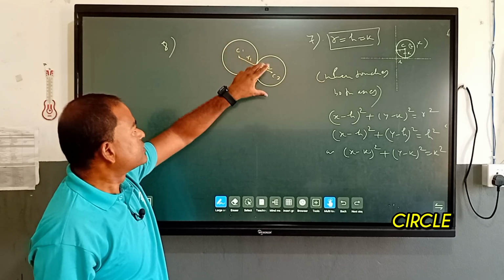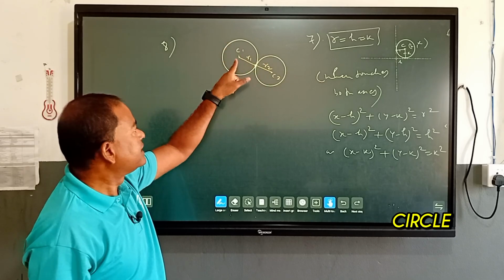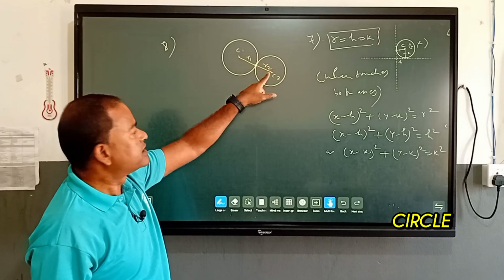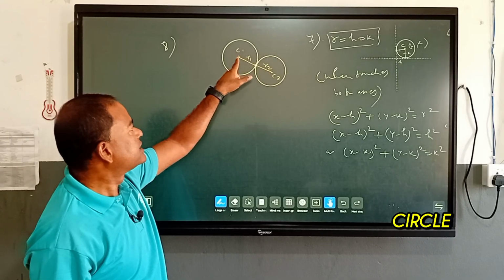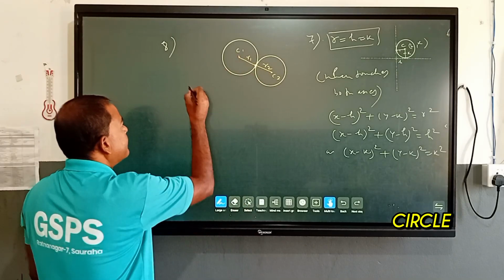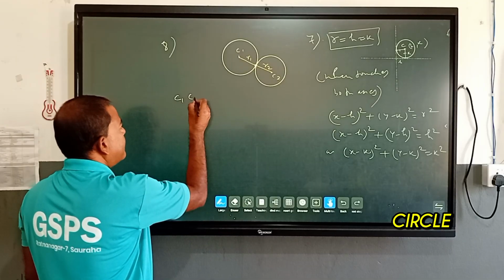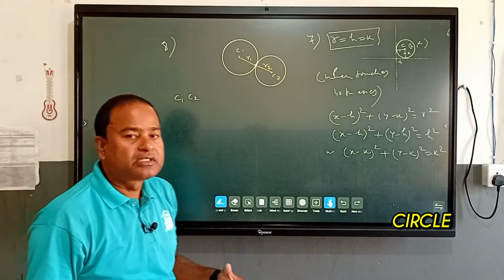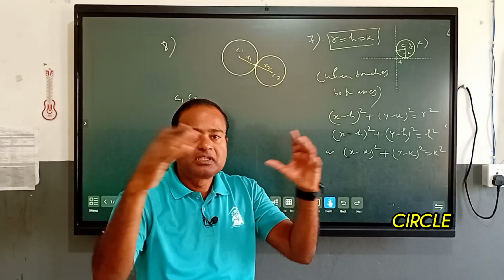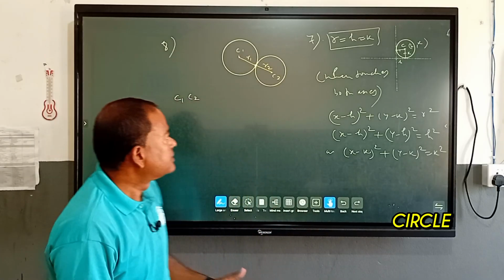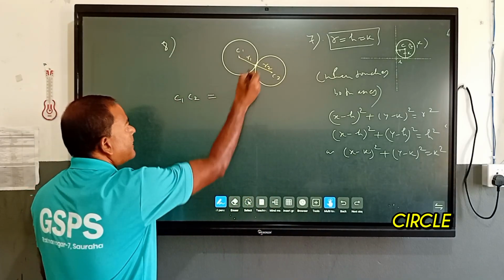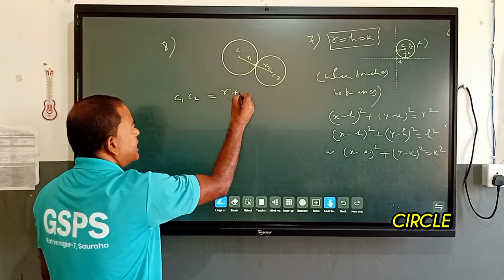Then the distance between C1 and C2, that means the distance between the two centers, will be equal to R1 plus R2.